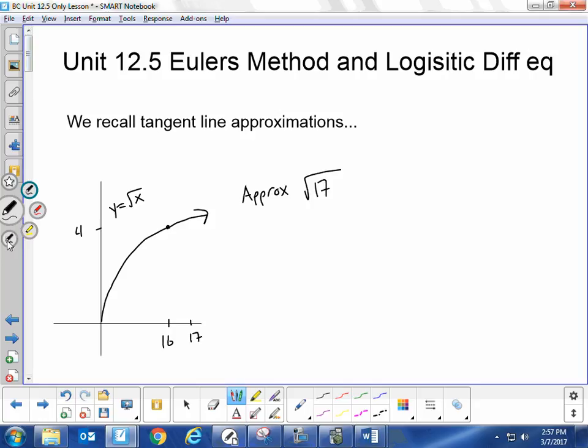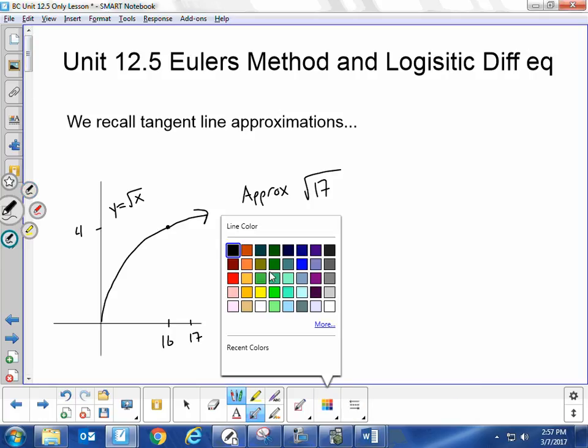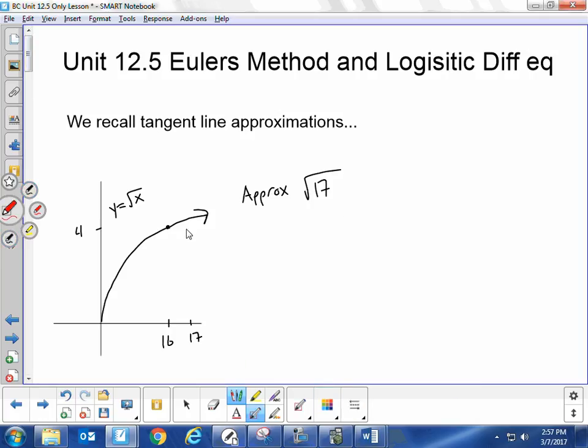What I could do is create a tangent line at this location, and using a tangent line's equation, I can find this value here on my tangent line that would approximate my actual value of the square root of 17. Right? How do we do that?